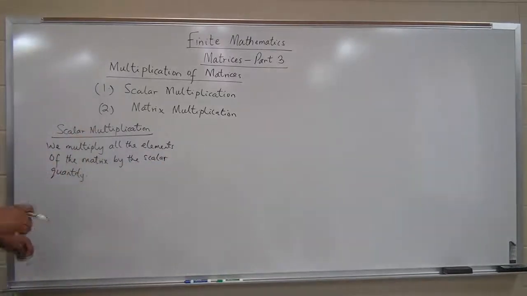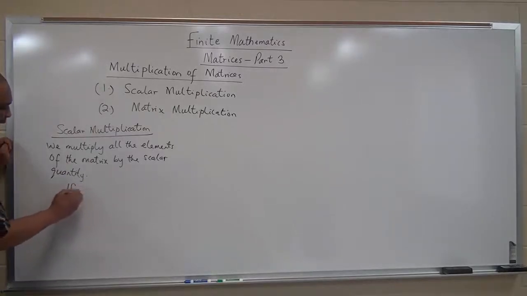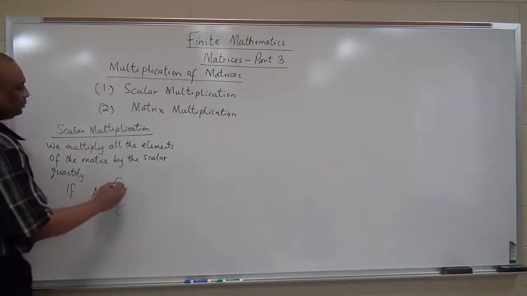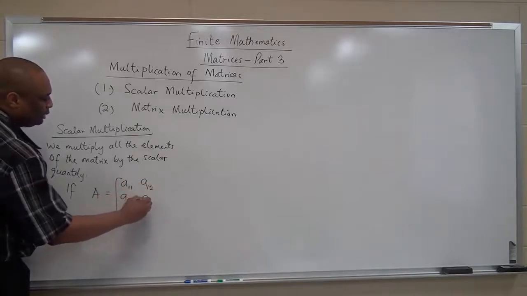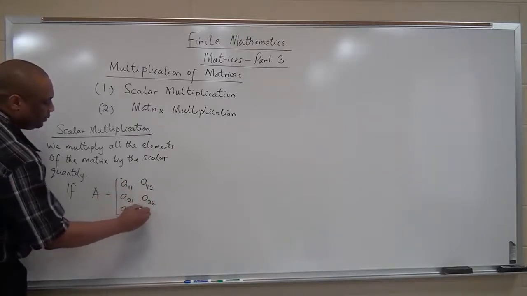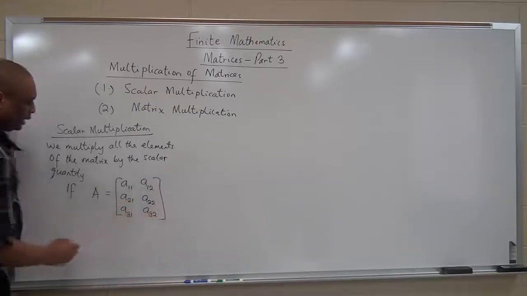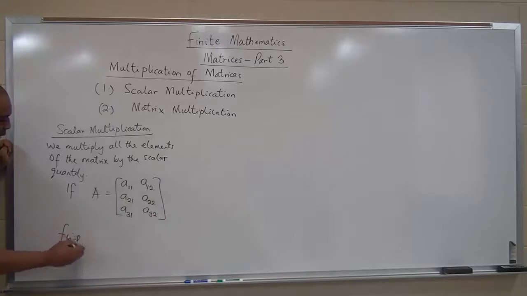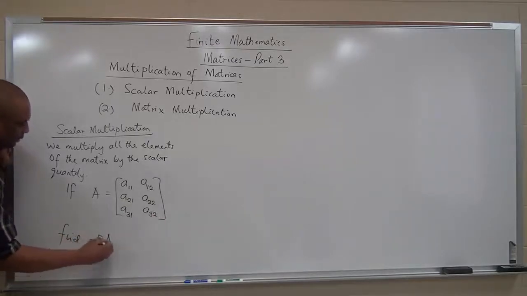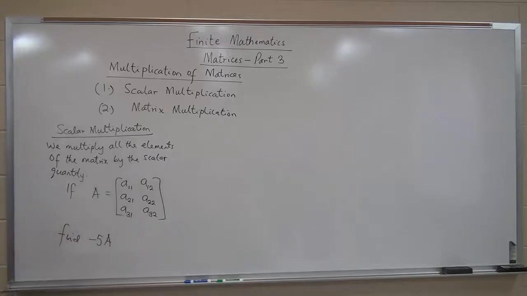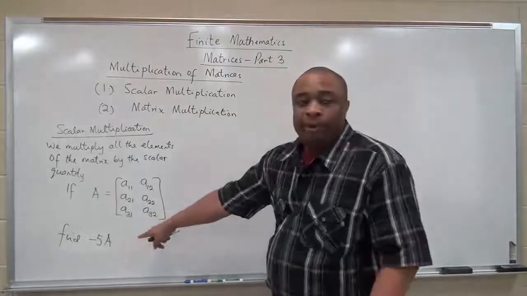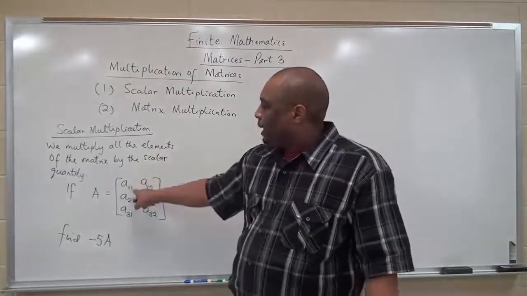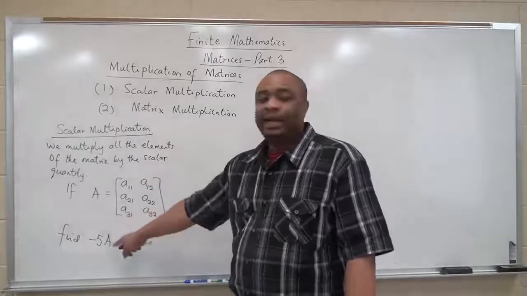For instance, assuming matrix A is A11, A12, A21, A22, A31, A32. Find negative 5A. The scalar here is negative 5, so we multiply every element of the matrix A by negative 5.